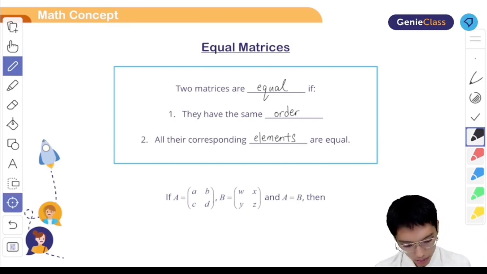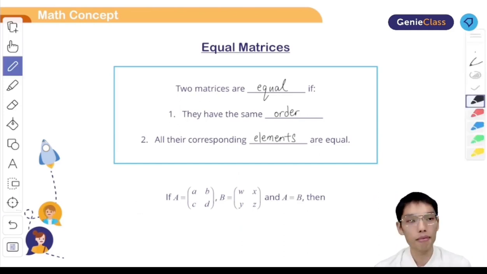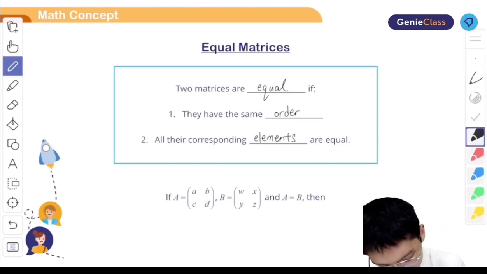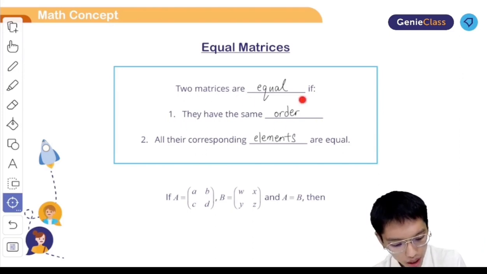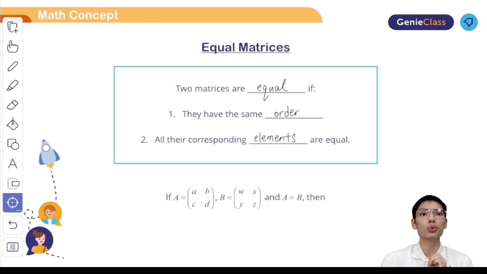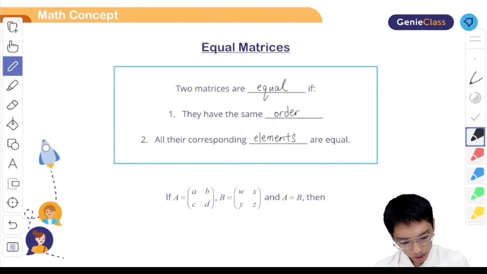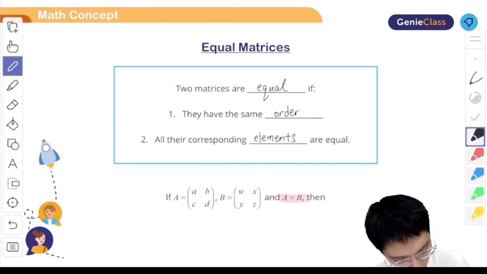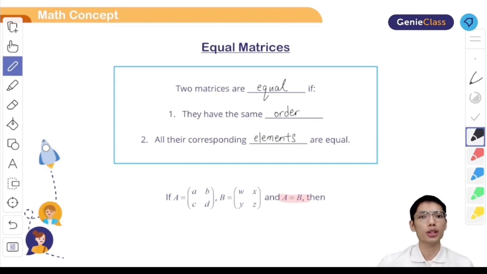So what do I mean? Suppose I have both 2 by 2 matrices and they are equal, which satisfies this first notion over here, same order. Both of them, the order is 2 by 2. And if they are equal, what has to be satisfied is that each of the corresponding elements are equal.